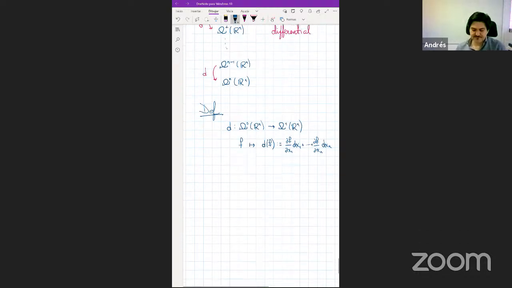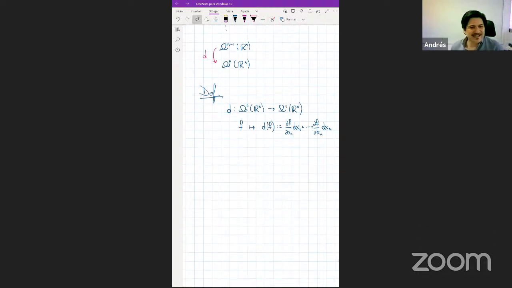Now, in general, what is it? Let me take a k-form, but only with one summand, not multiple of them, only one.